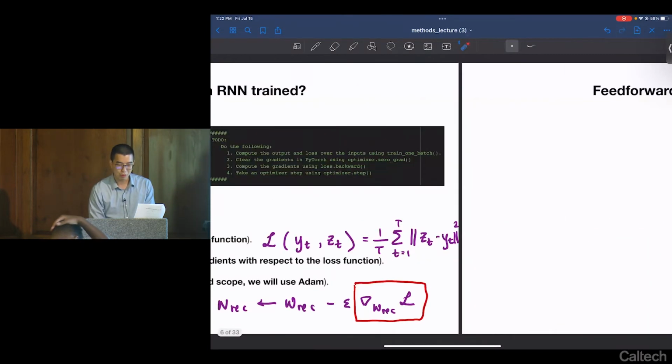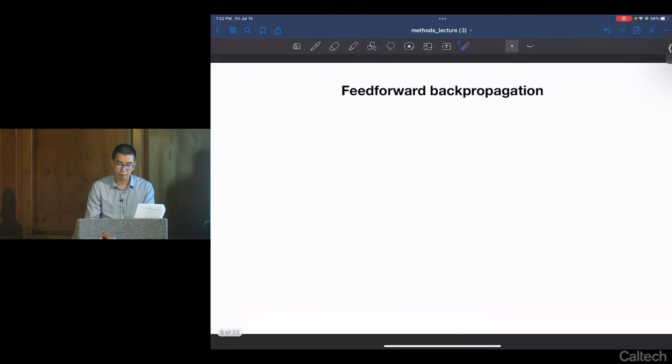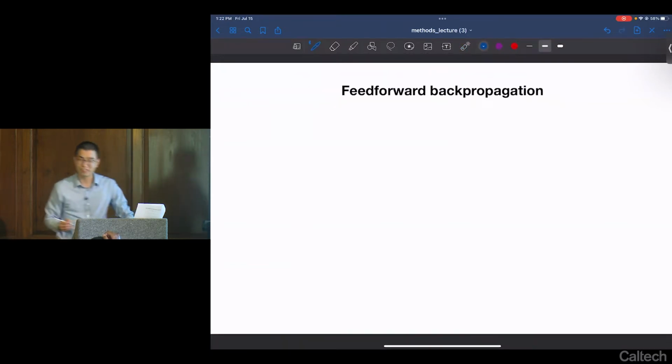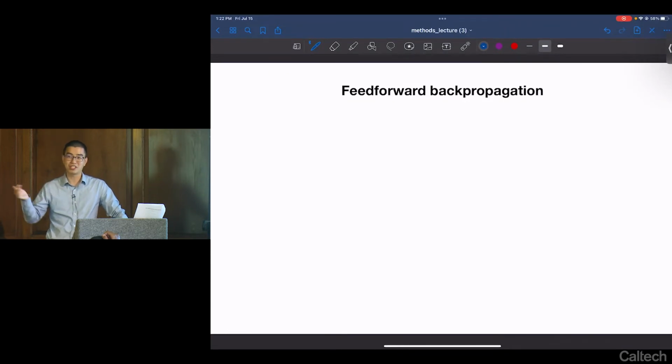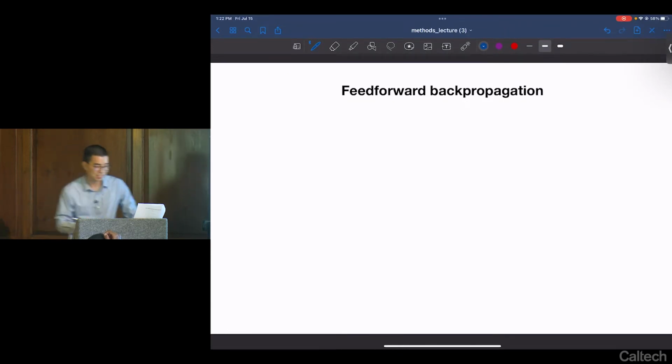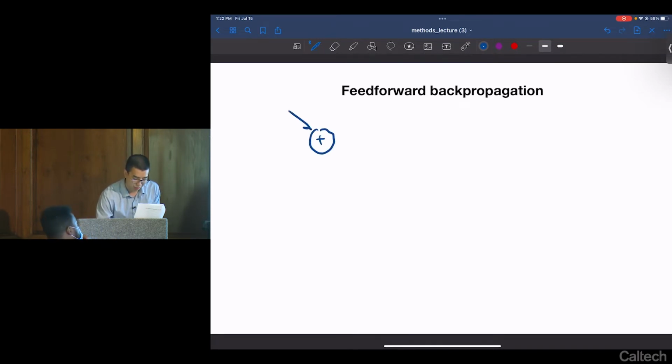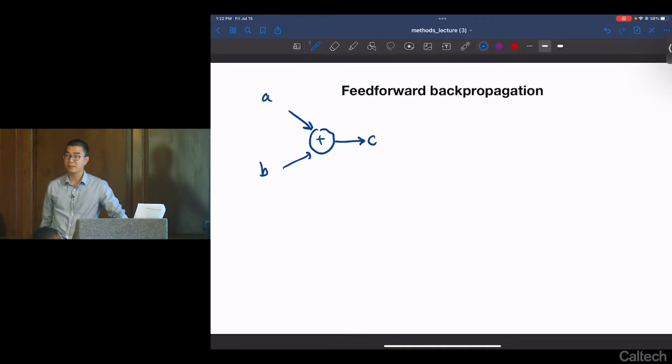So let's start with what backprop is and how it works, and then I'll show you how we do backpropagation in a neural network. I'll do the very simplest examples to show that backprop is just an application of the chain rule from calculus. Let's say I had the operation where I take A and B and add them to produce C, all right?